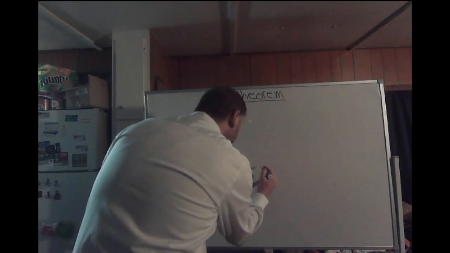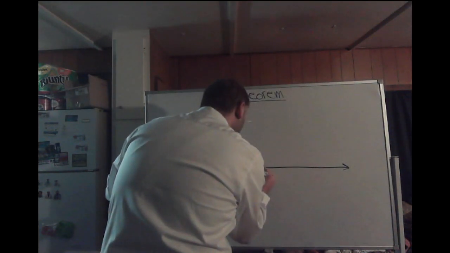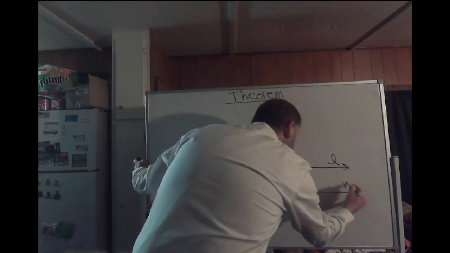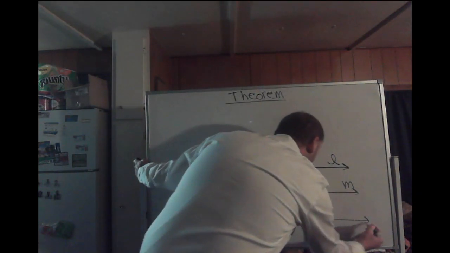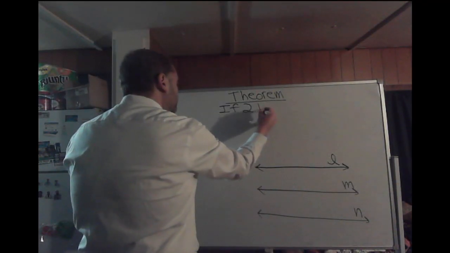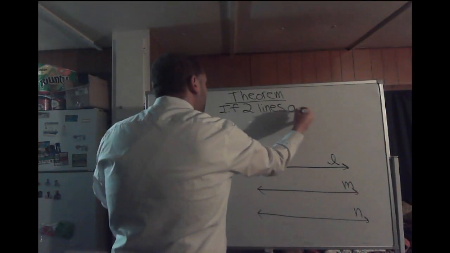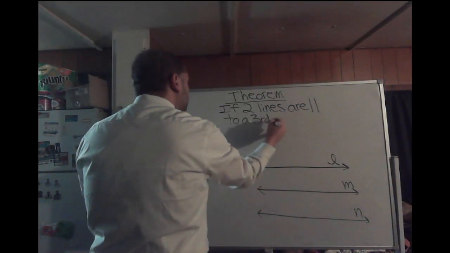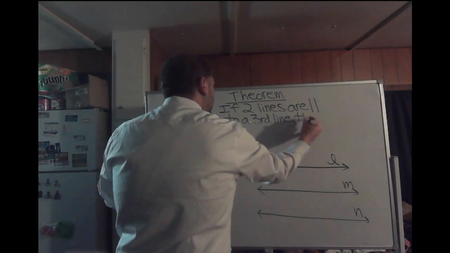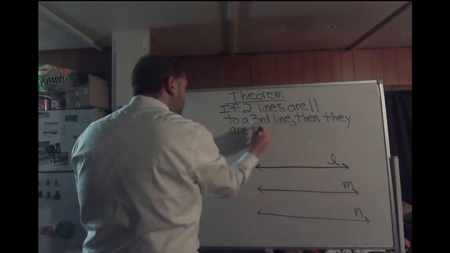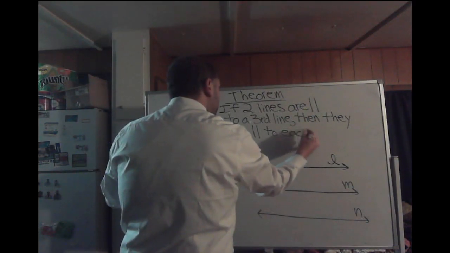I'm just going to draw three parallel lines. There's a reason for that. Line L, line M, and then we have line N. This theorem states that if two lines are parallel to a third line, then they are parallel to each other.